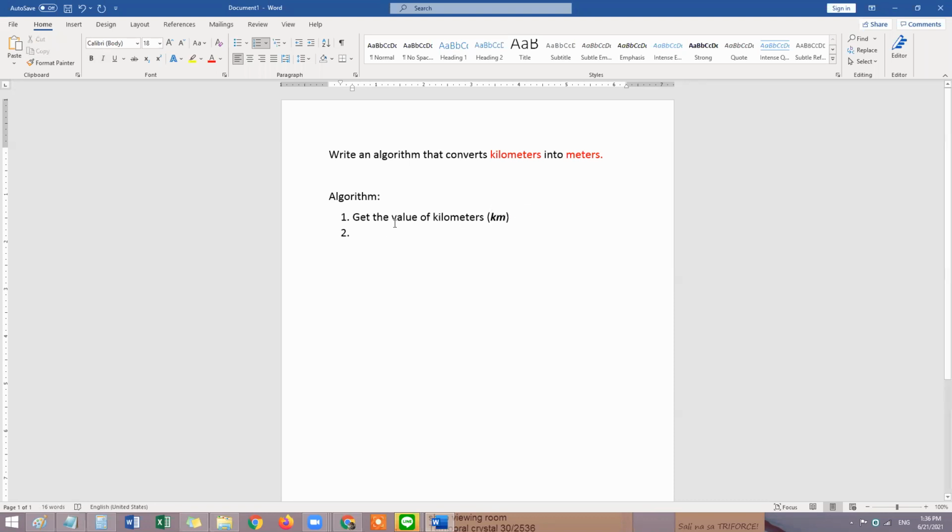Okay, so since we get the value of kilometers from the user, what is the next step? How will you convert the number of kilometers into meters? Now we think of a mathematical equation on how to solve the problem.